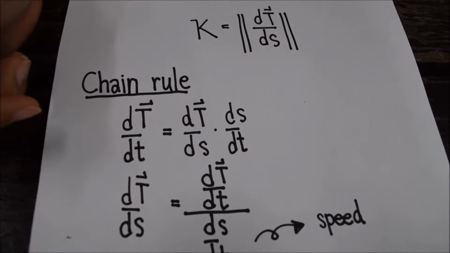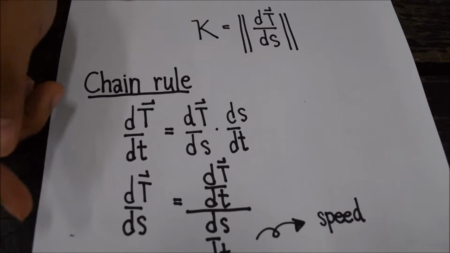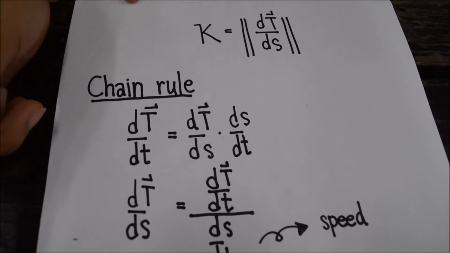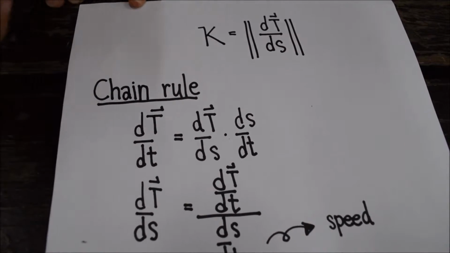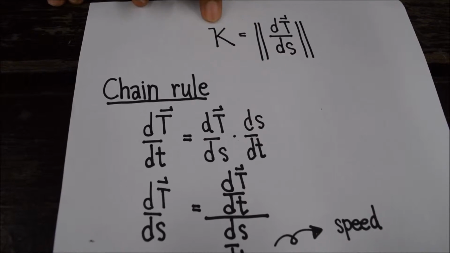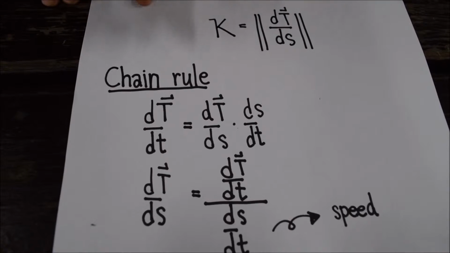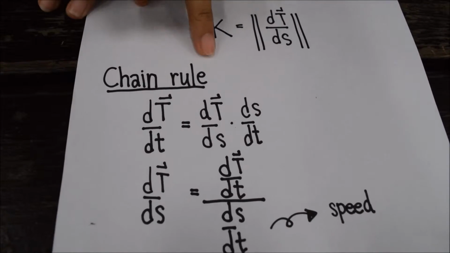Since we know from the previous section that the unit tangent vector T is defined in terms of the lowercase t, it is difficult to calculate kappa in this form. So we find a way to make it easier by using the chain rule.